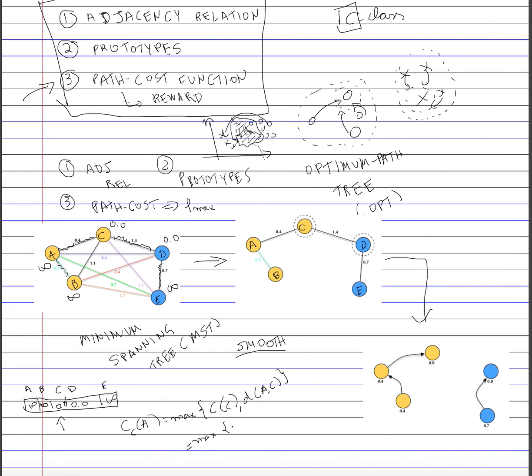The cost of C is 0 because it's a prototype. The distance between A and C is 0.4. So the maximum value between 0 and 0.4 is going to be 0.4.